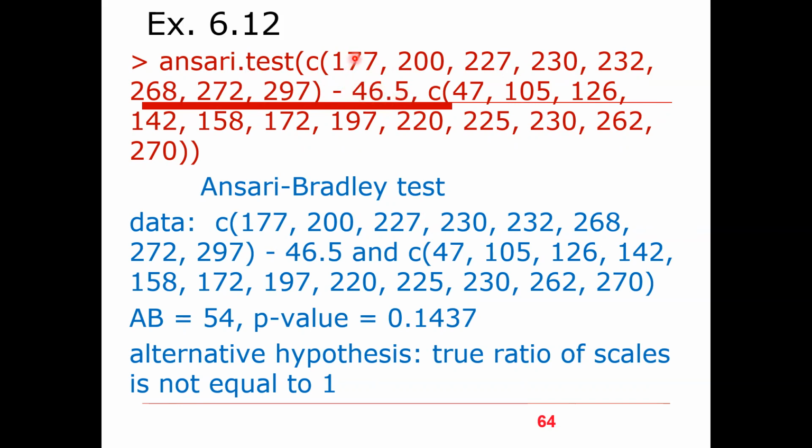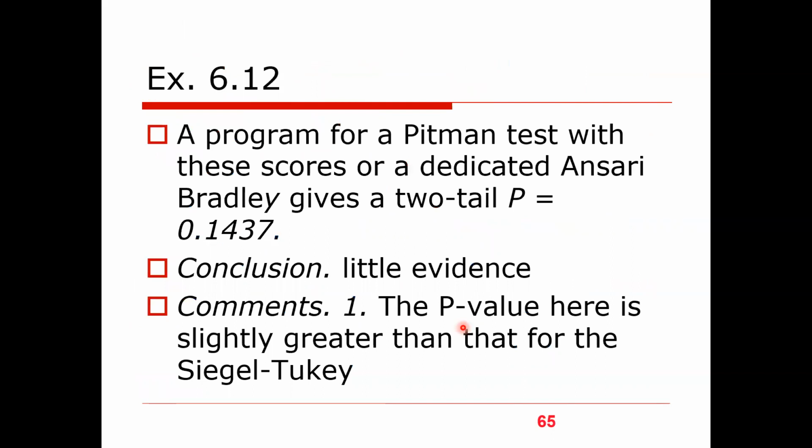This will make the two samples have the same median, right? And it will return us the p-value. All right, so there is little evidence against the null hypothesis because p is large. Using the same data, the p-value from the Ansari-Bradley test is slightly greater than the p-value from the Siegel-Tukey test.